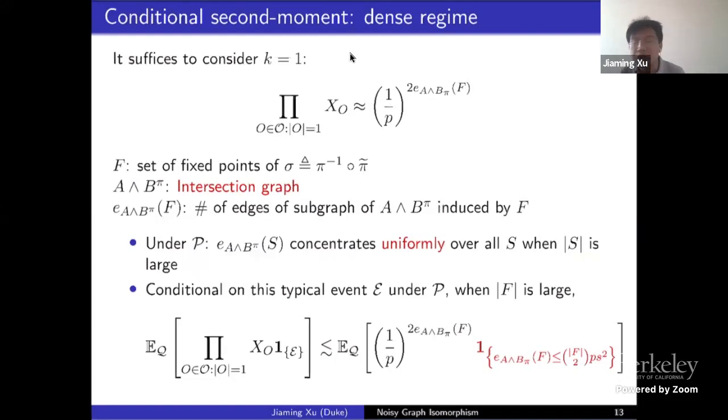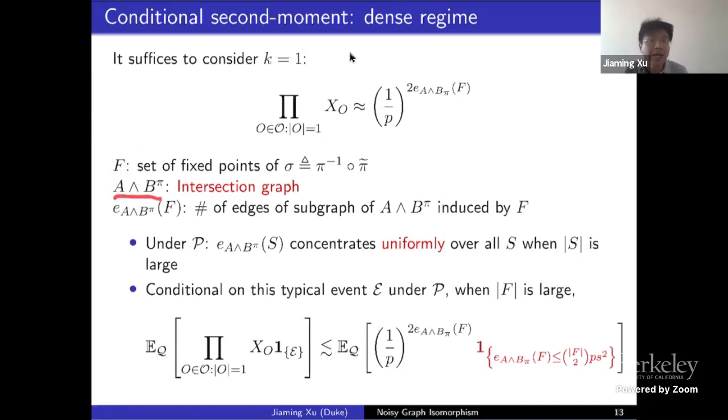In the dense regime, this is relatively simple to do because it suffices to consider fixed points. In particular, it suffices to consider the edge orbits of length 1, and this product X_O for all these fixed points roughly equals (1/p) raised to the power of 2 times this quantity here. F here is just the set of fixed points of this node permutation sigma.